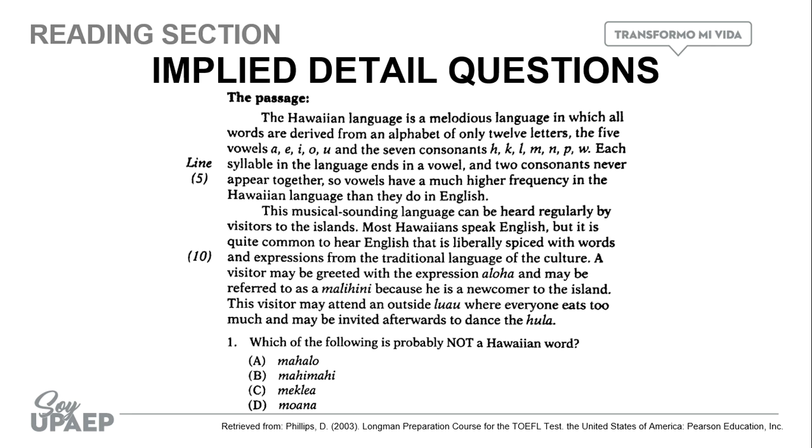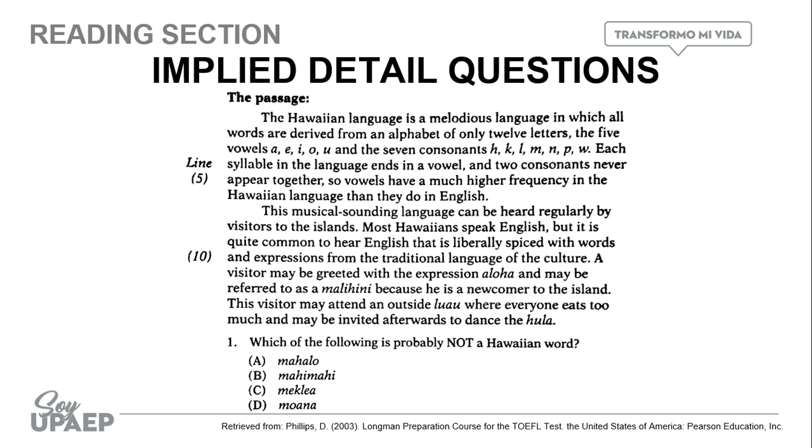So let's read the paragraph and pay lots of attention. It says, the Hawaiian language is a melodious language in which all words are derived from an alphabet of only 12 letters. The 5 vowels A, E, I, O, U, and the 7 consonants H, K, L, M, N, P, W. Each syllable in the language ends in a vowel, and 2 consonants never appear together.